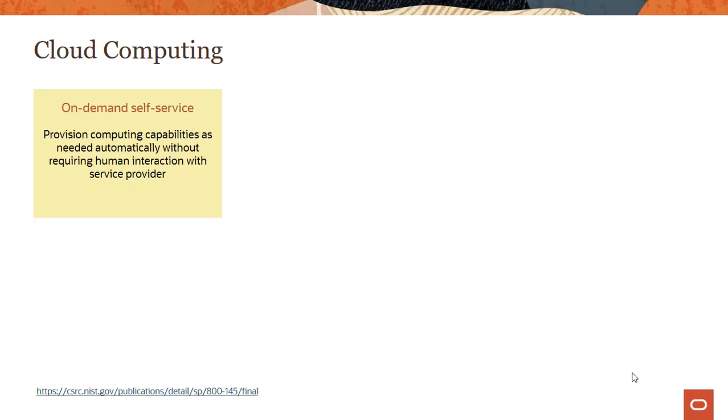So the first thing a cloud needs to have is this concept of on-demand self-service. You should be able to provision computing capabilities as needed without requiring human interaction with the service provider. So you don't have to go to a service desk or a help desk and request a virtual machine, which takes a couple of days for IT to provision for you.